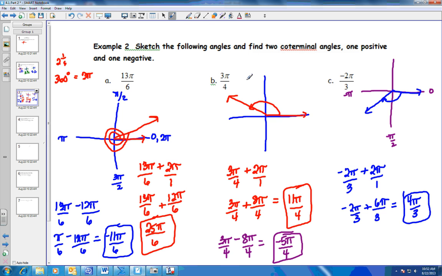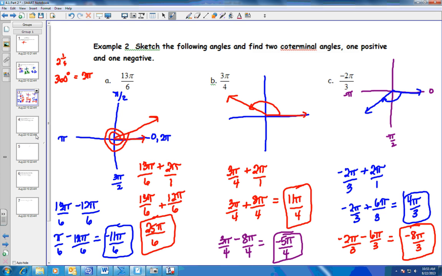Okay, let's find another negative way to name this angle. So I'm going to have negative 2 pi over 3 minus my 2 pi, so minus 6 pi over 3. And I have negative 8 pi over 3.